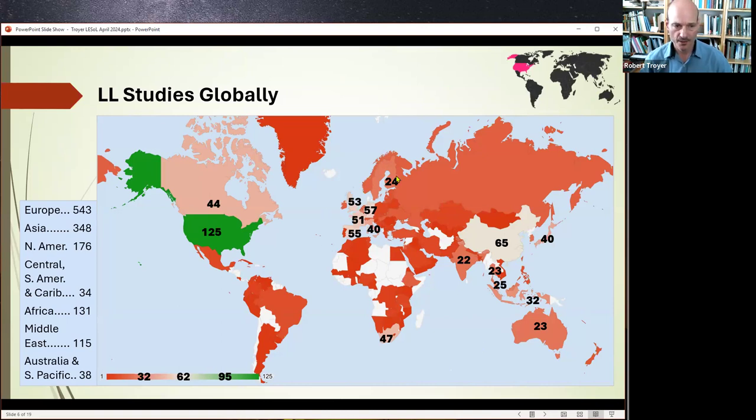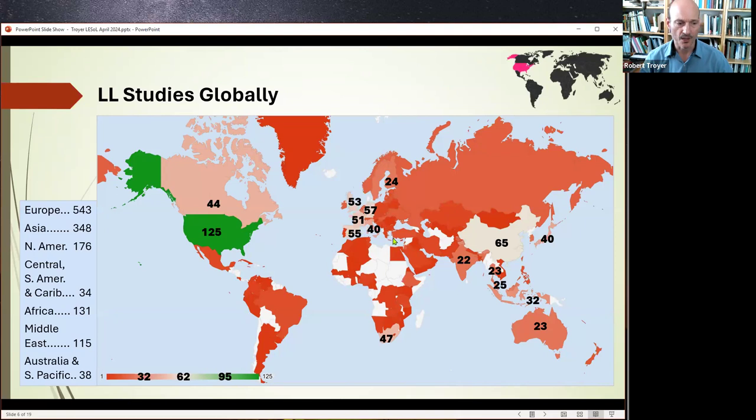So what you see here will give you a sense of the linguistic landscape work that has been done globally over the last 25 years. And you can see if we look at regions, the United States has definitely had more publications of linguistic landscape work than any other country.